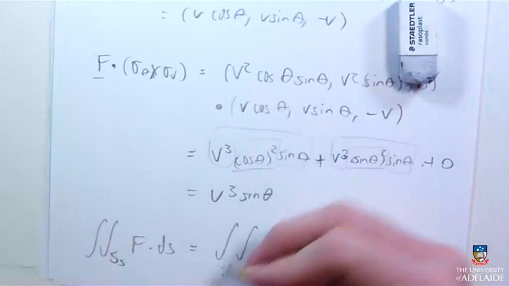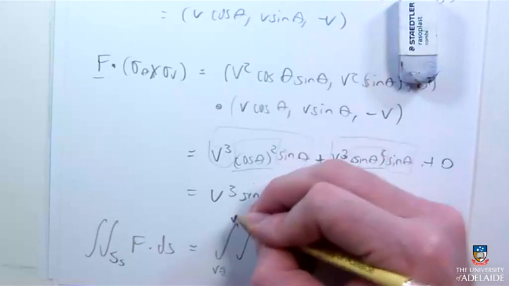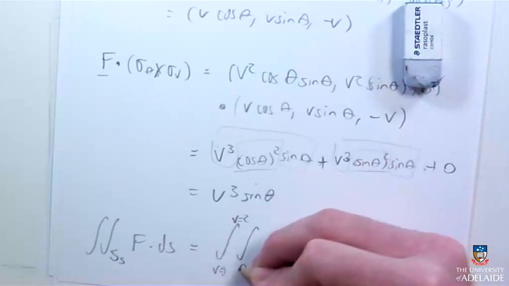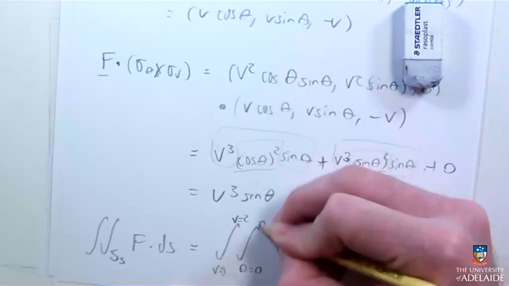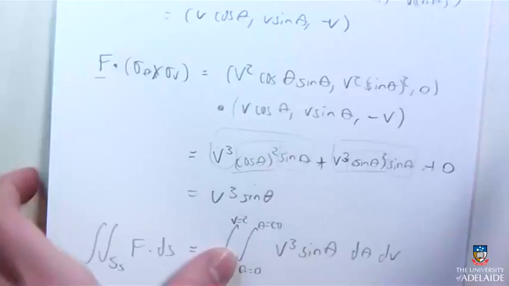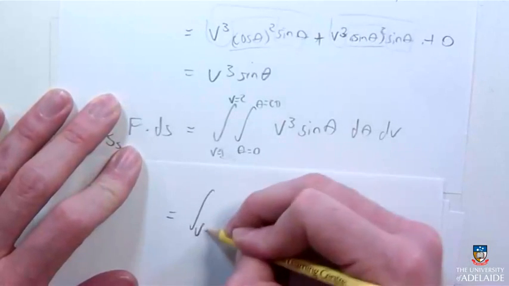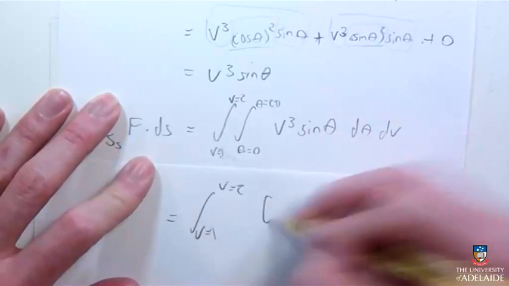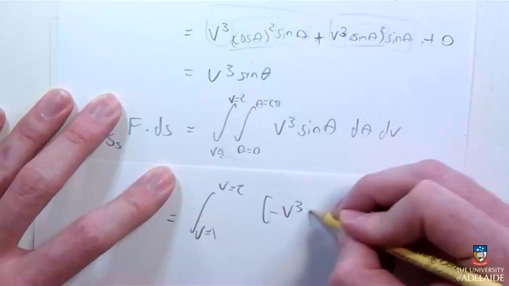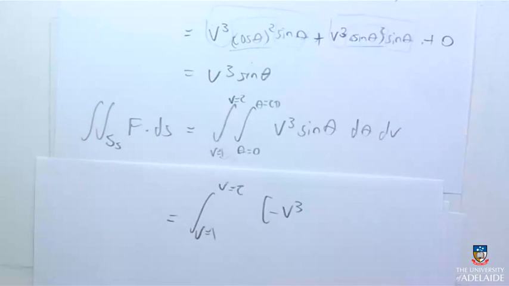And I'm going from v equals 1 to v equals 2, and theta equals 0 to theta equals 2 pi. So when I integrate with the theta first, like I should have last time, well, I know that's just 0, right? Are we allowed to just use that, that we know the integral of sine from 0 to 2 pi is 0?